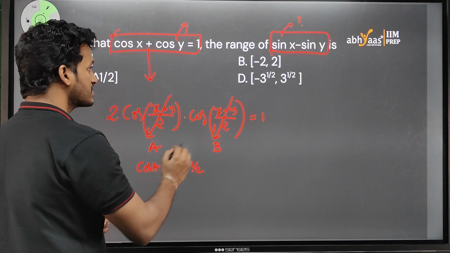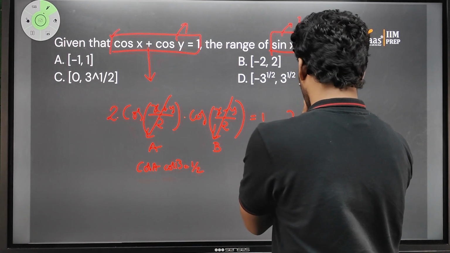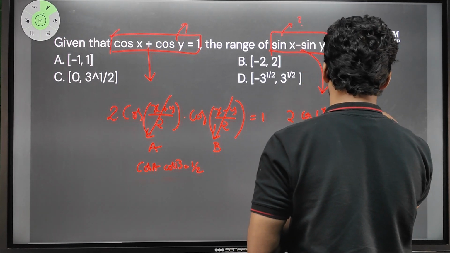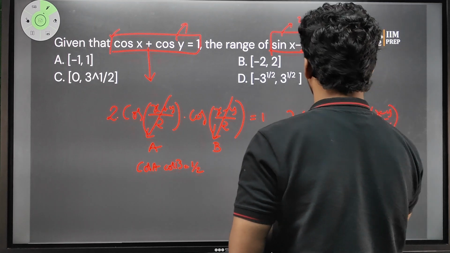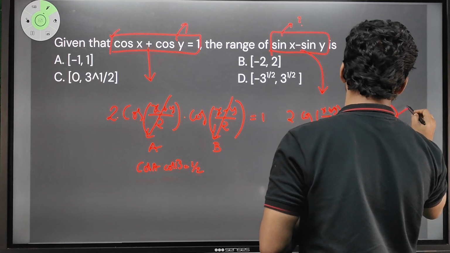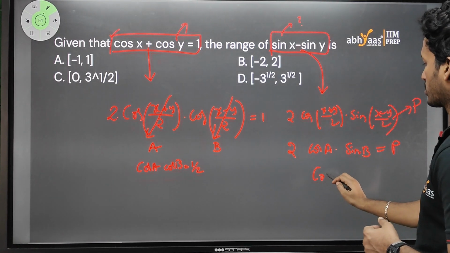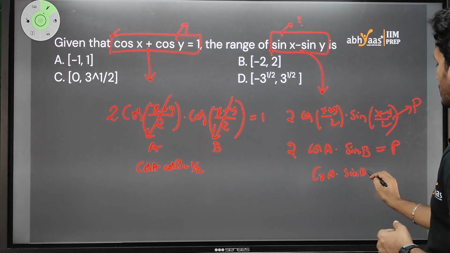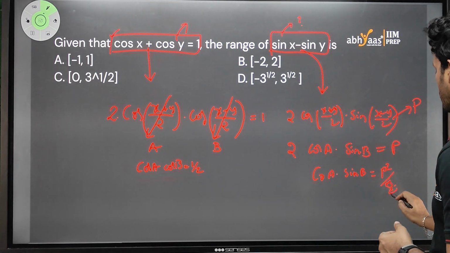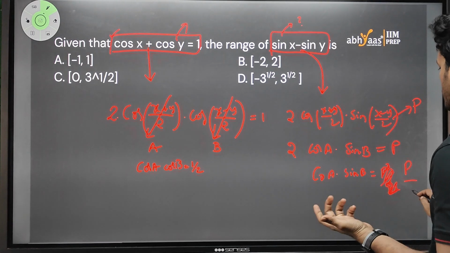With this I can apply the same style for the other one: 2 cos of (x plus y) by 2 into sine of (x minus y) by 2, that means 2 cos a sine b. Let us take this as some value p. That means cos a sine b is equal to p by 2.